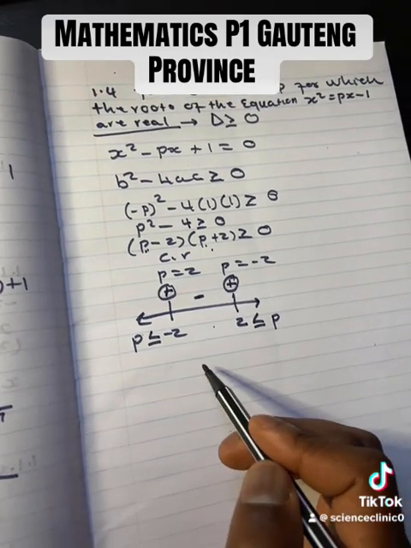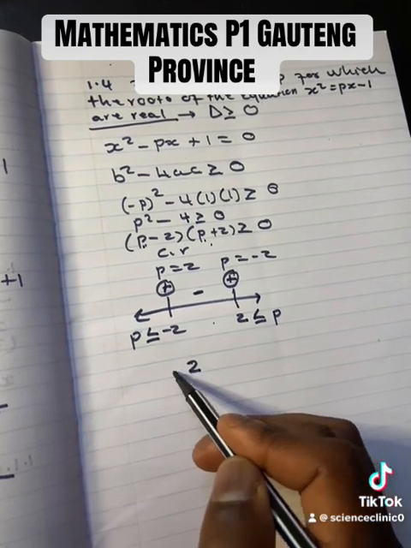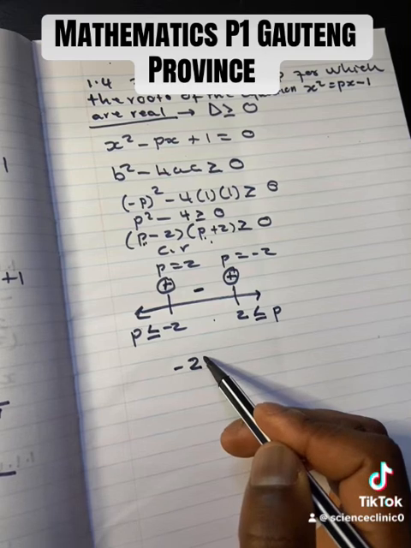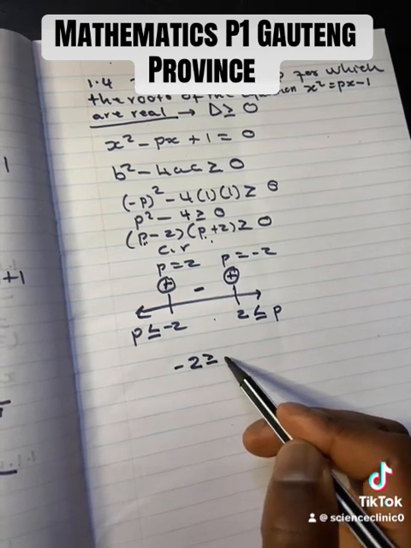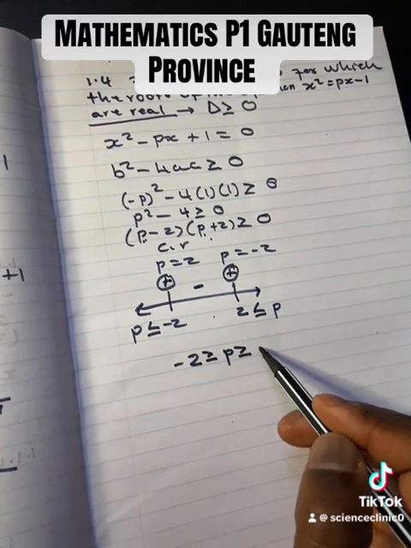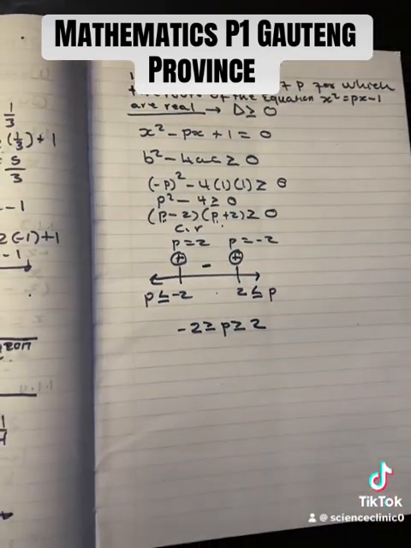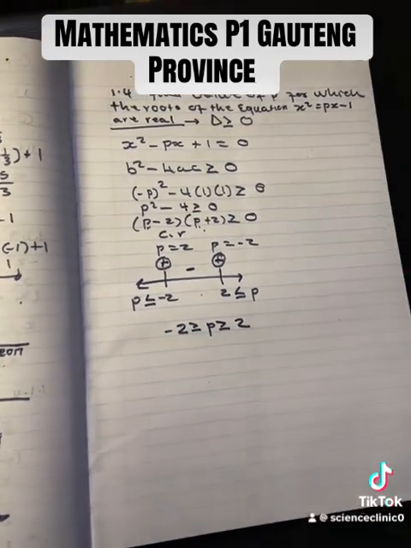So how do we write the answer? Meaning the answer is going to be negative 2 is greater than p, but p greater than 2. So this is what you are supposed to do, grade 12, in order to get the total marks for question 1.